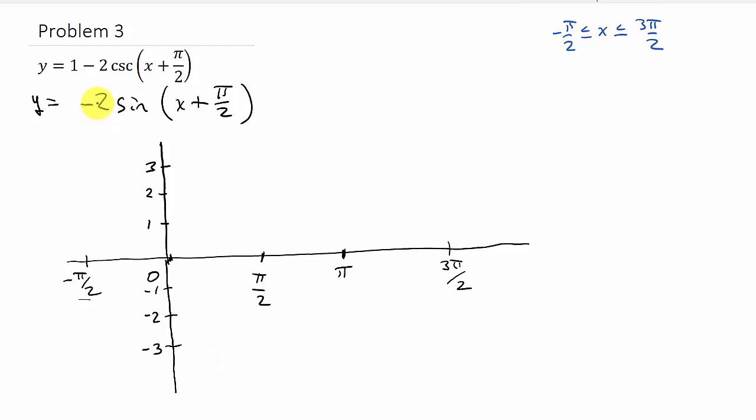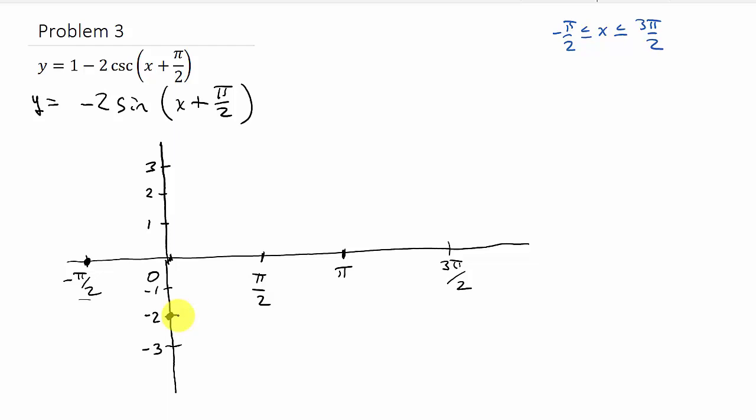Okay? All right. So if you remember, for sine, we're starting at negative pi over 2. Remember, sine starts at 0, then goes to its maximum, 0, then its minimum, and then back to 0. So here we're starting out at 0, and then it goes to its maximum, but since there's a negative in front, it's going to come down here to a minimum.